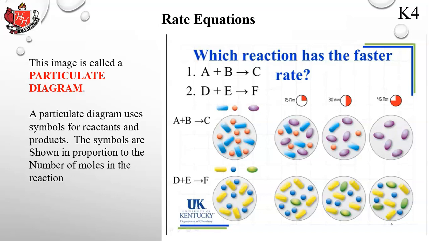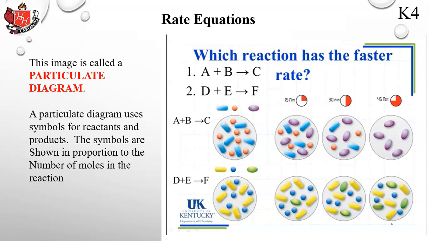As you go from left to right, and it ends up at 45 minutes over on the far right side, you end up with these purple ellipses. Those are the products. That's what's being produced. So you'll notice as you go along, you have fewer and fewer of the reactants and more of the product, the purple ellipses. At the end, you have nothing but products.